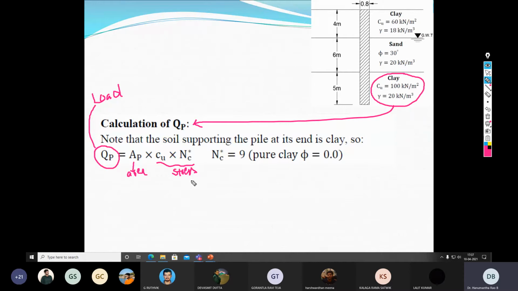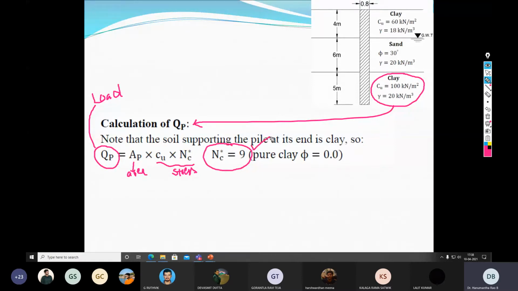So as Lalit has said correctly, QP is nothing but C and C, and additionally that should be multiplied with the area. And now we also hypothetically assume this is a pure clay where phi is 0, because nothing has been mentioned in the problem. You can reasonably assume that phi is 0. Then for phi equal to 0, as I told, this value you must remember. It may be given in the exam, may not be given in the exam.